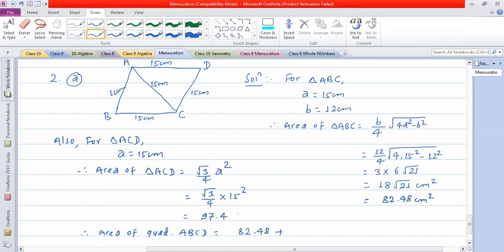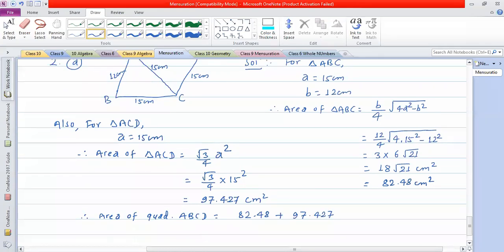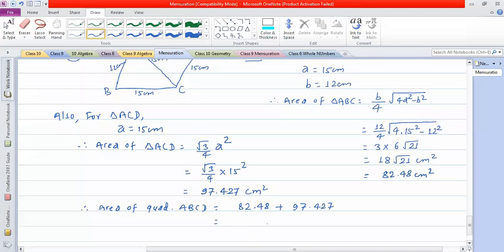Okay, 97.427. Then it will also be in centimeter square. Add these two now. What it will come? Centimeters square. Like this we will find.